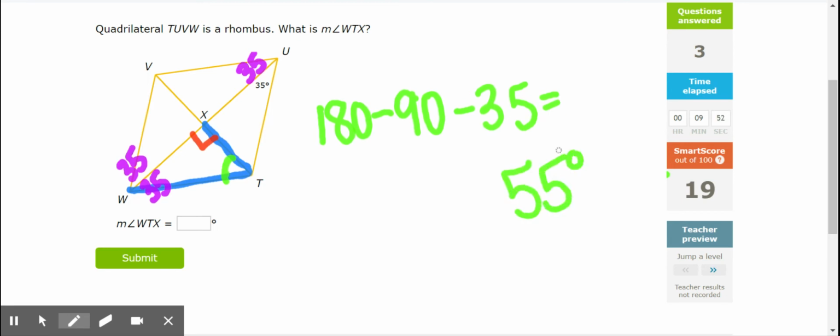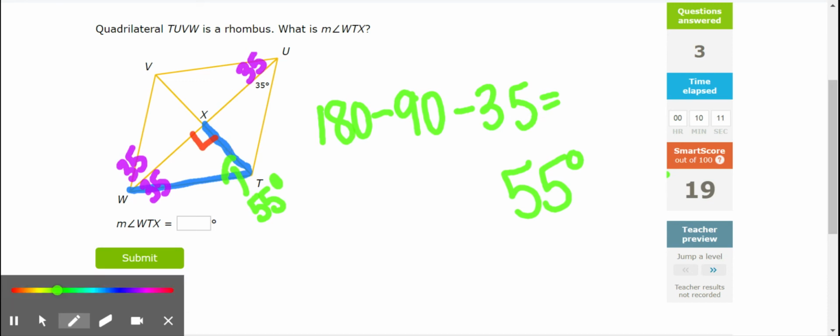That means that this little part is 55 degrees. The reason I know that is because all three angles in a triangle are supposed to equal 180, right? So if I had 35 and I had that this was 90, all I had to do was subtract those from 180 and I'd get this piece that was left over, which was 55.